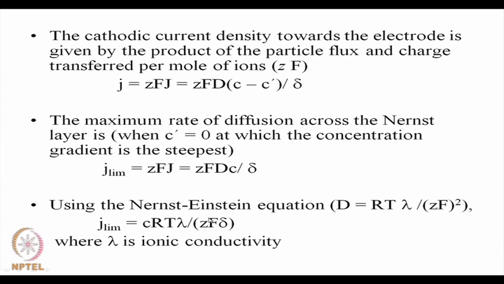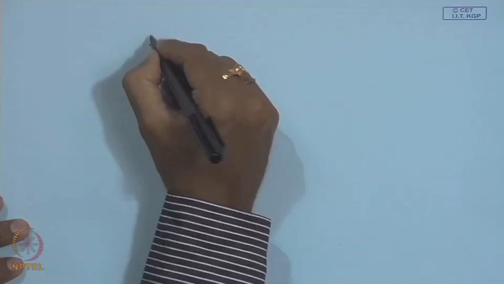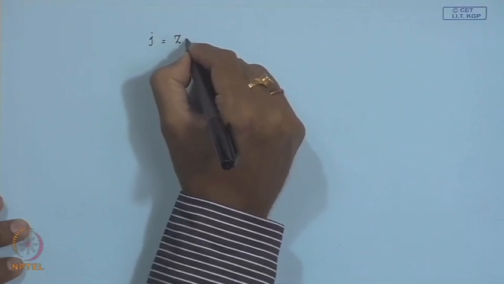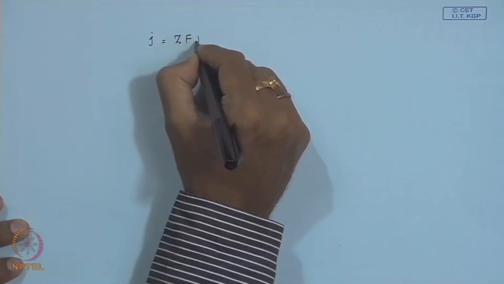Okay. Now, the cathodic current density towards the electrode is given by the product of particle flux and the charge transferred per mole of ion, that is Z into F. So, therefore, the cathodic current density is given by j equal to Z F J.